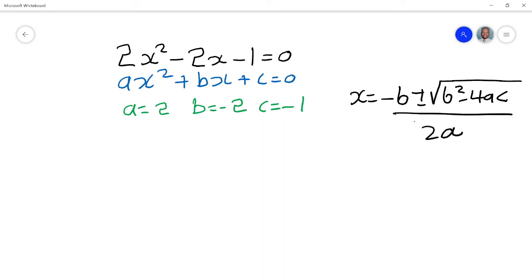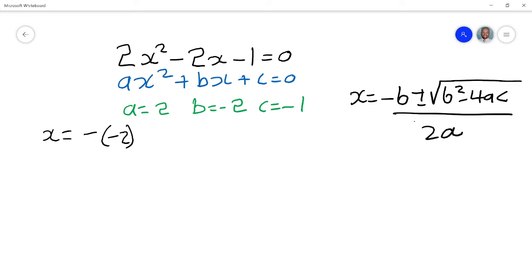So we're now going to put the values of a, b, and c in this equation. So x is equal to minus b, and b is negative 2. So that's going to be negative negative 2. So watch out for that pitfall. A lot of students simply jump to conclusions and say negative 2. Just be mindful that the original formula had negative b.